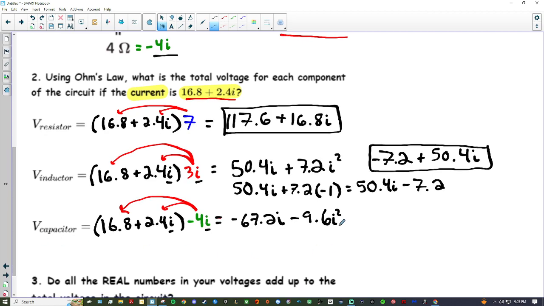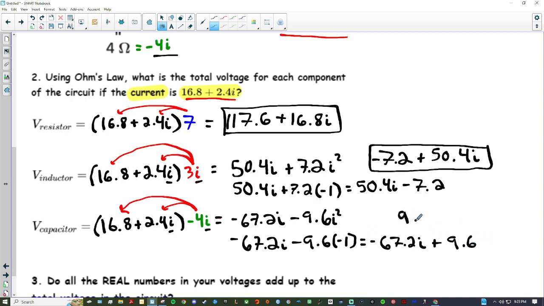Just like before, our i squared will become -1, so -67.2i minus 9.6 times -1, giving us -67.2i. Negative times a negative, positive 9.6. Writing this in the correct order, we put 9.6 out front, and then our minus 67.2i in the back.